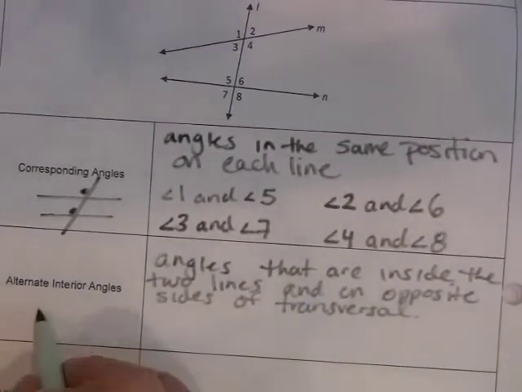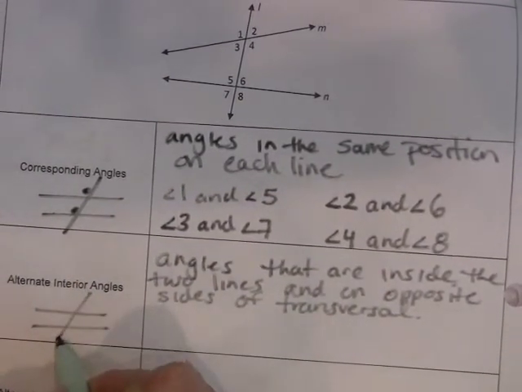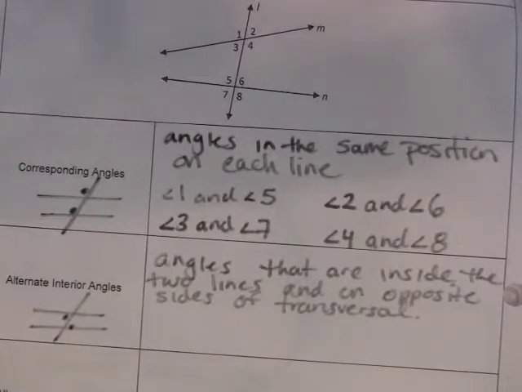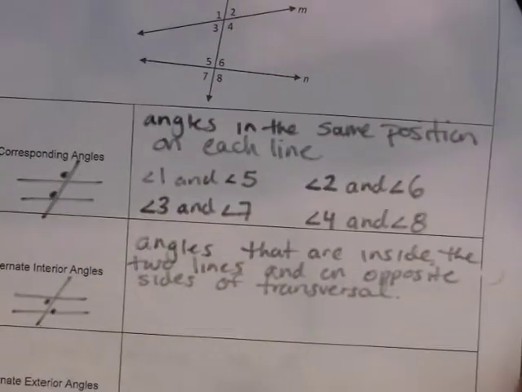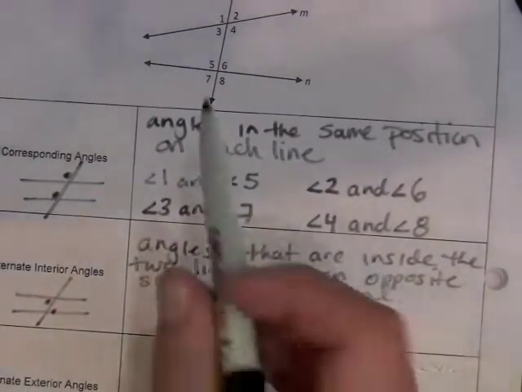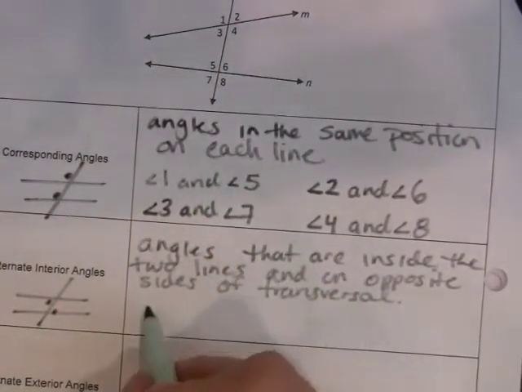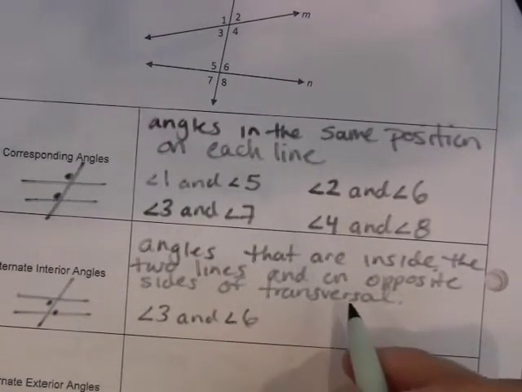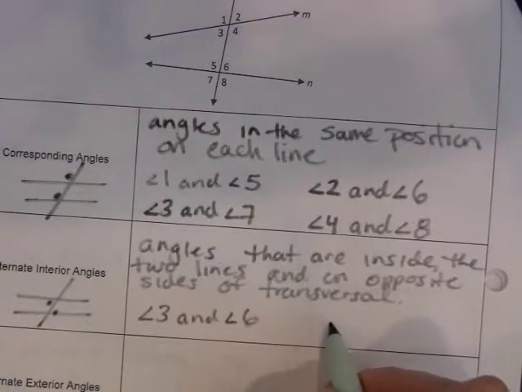So generically it would look like this when you have two lines and the transversal here, that would be alternate interior. Okay. There are only two pairs of alternate interior angles. So in this case it would be 3 and 6. And the other one would be 4 and 5.